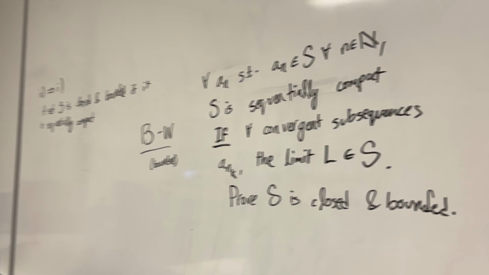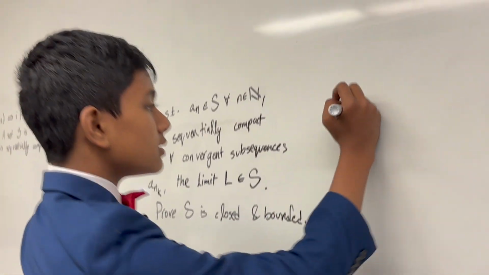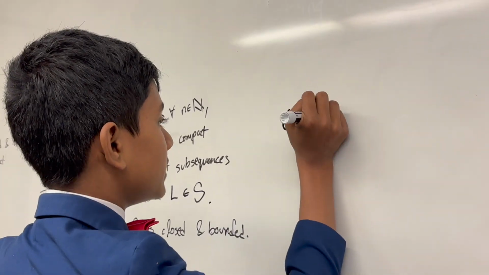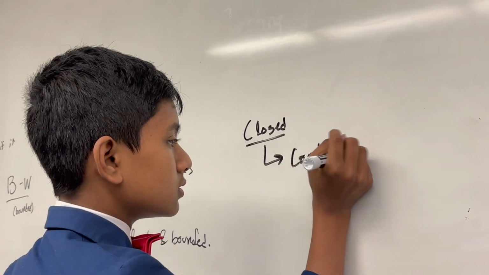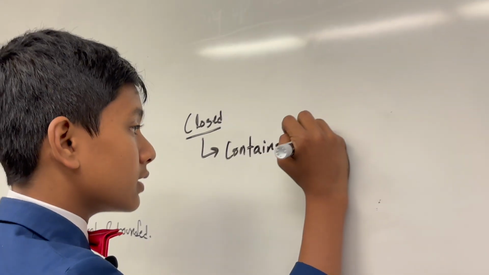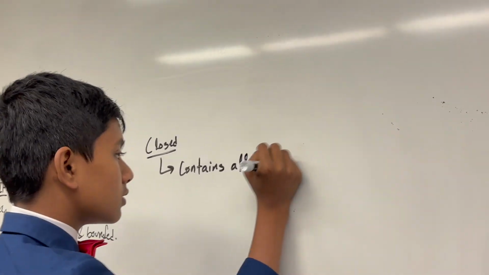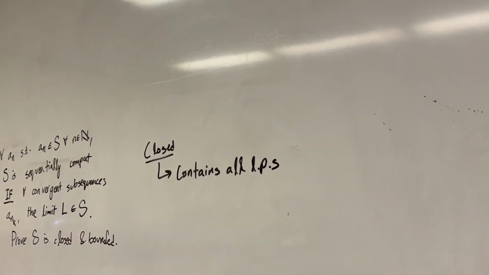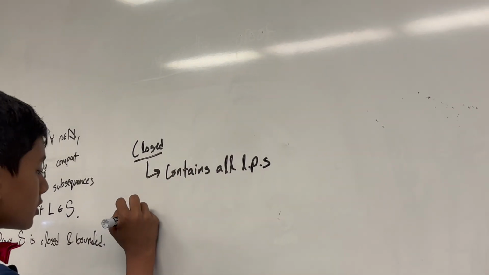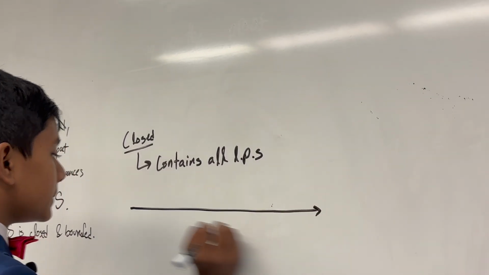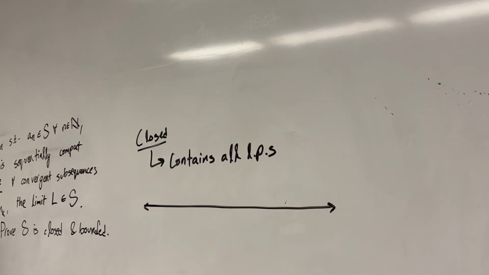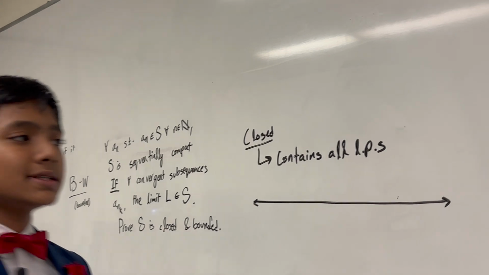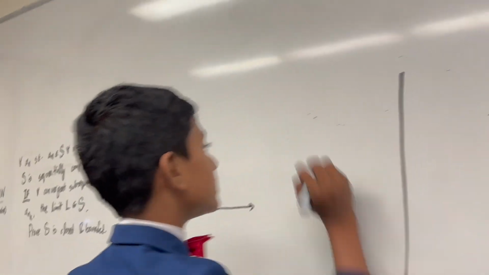So let's think about it. What does it mean to be closed? Well, it means to contain all limit points. Hopefully you know what limit points are. So if we have a sequence, for example, we could have 2 possibilities.